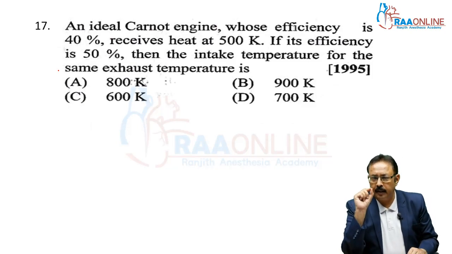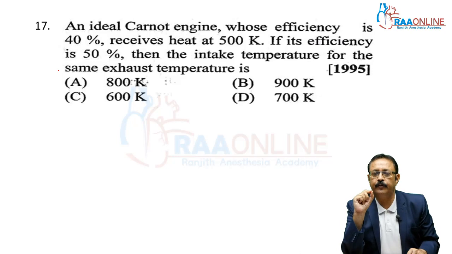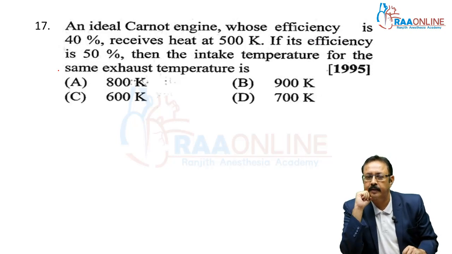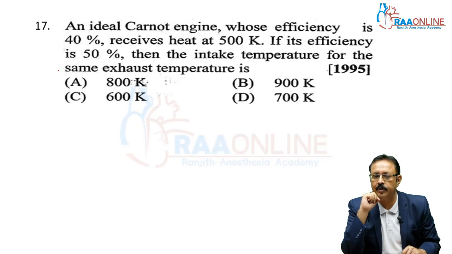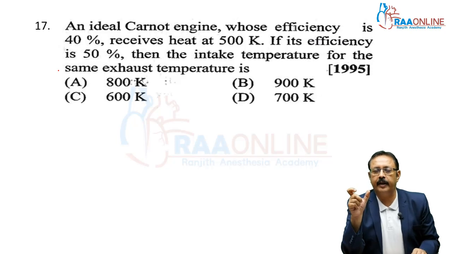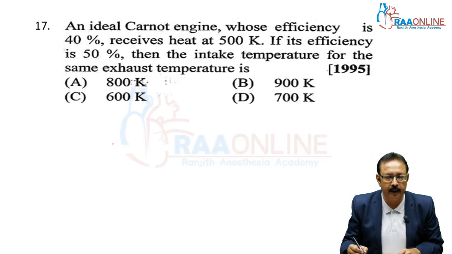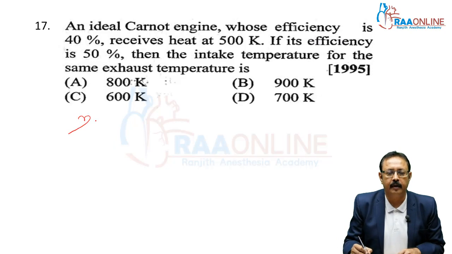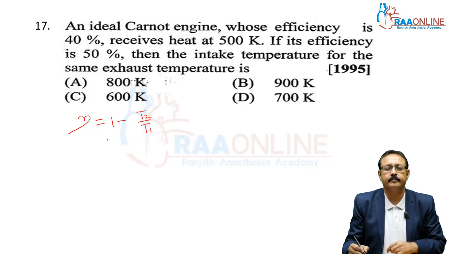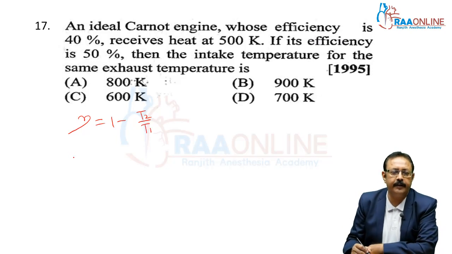An ideal Carnot engine whose efficiency is 40% receives heat at 500 Kelvin. If its efficiency is 50%, then the intake temperature for the same exhaust temperature is, this problem they asked in a 1995 AIPMT. We know the formula for efficiency: 1 minus T2 by T1. The efficiency was 40%, means initially it was 40 upon 100.